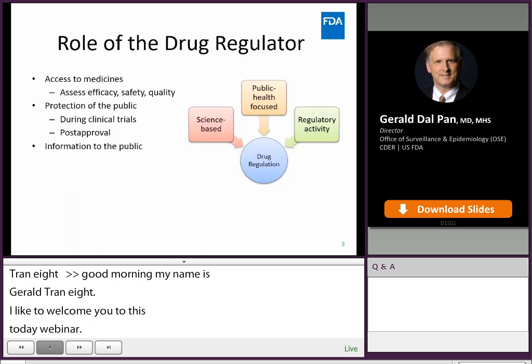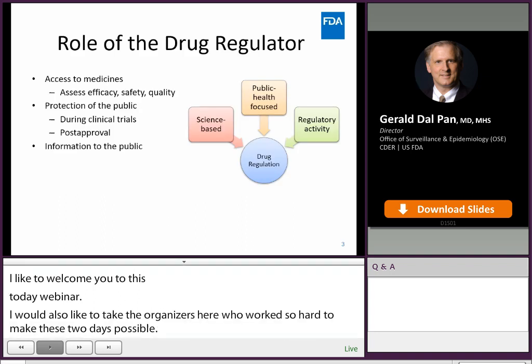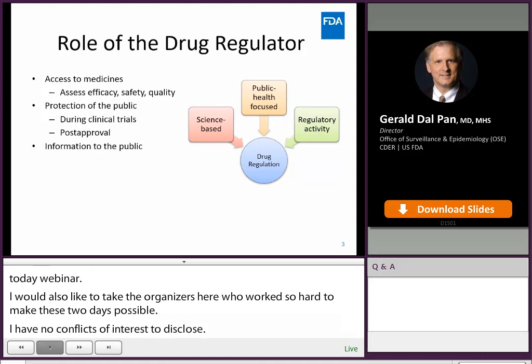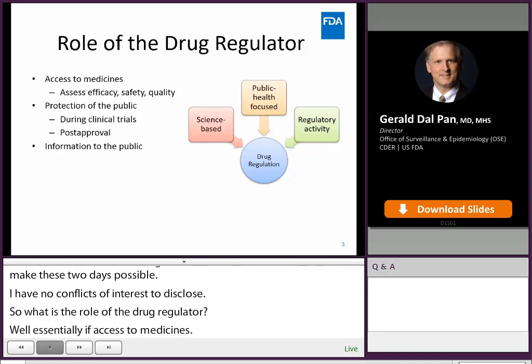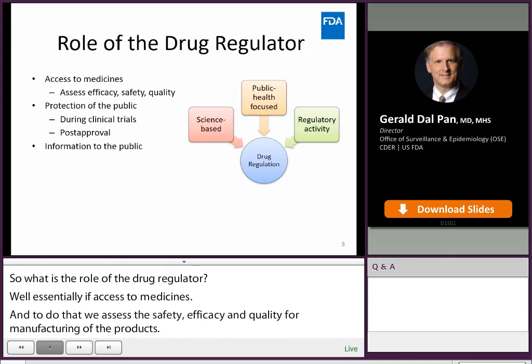So what's the role of the drug regulator? Well, essentially it's access to medicines. And to do that, we assess the safety, efficacy, and quality or manufacturing of the products. We also have an important role in the protection of the public, both during clinical trials as well as after approval when the medicines go into widespread use.